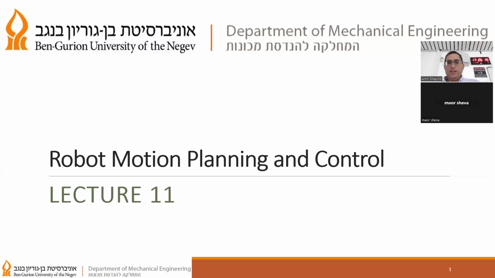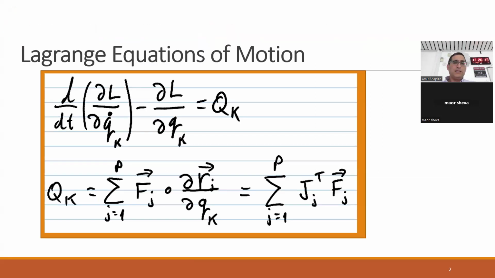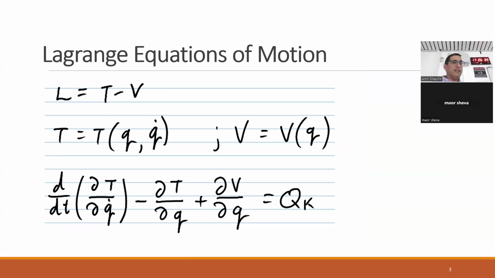in the past two lectures, we talked about the dynamics of the system. And we talked about the Lagrange equation of motion, and eventually we'll have a set of equations that governs the motion of the system. So Lagrange equation of motion, you already saw it, and the kinetic energy and potential energy.